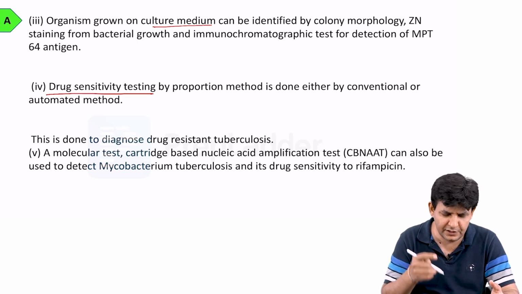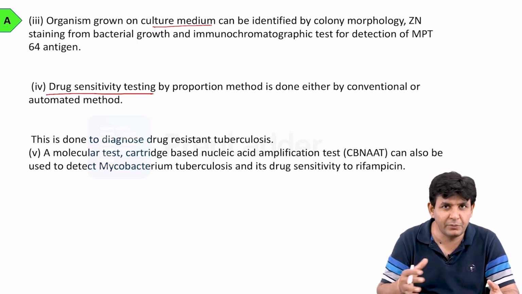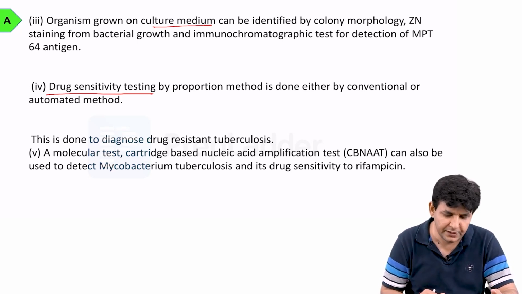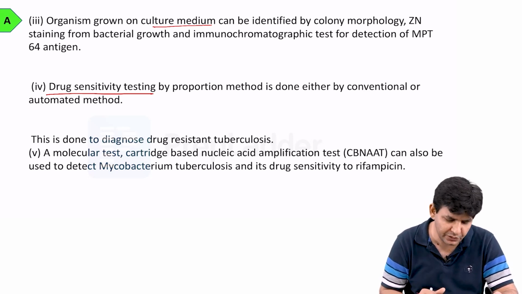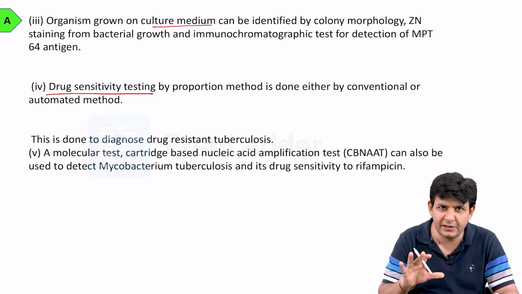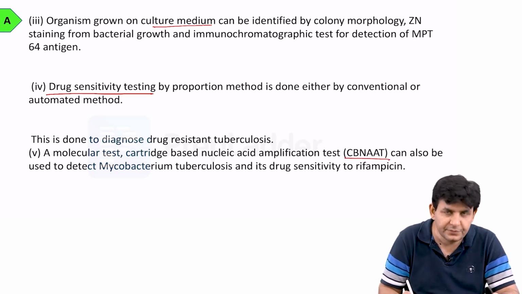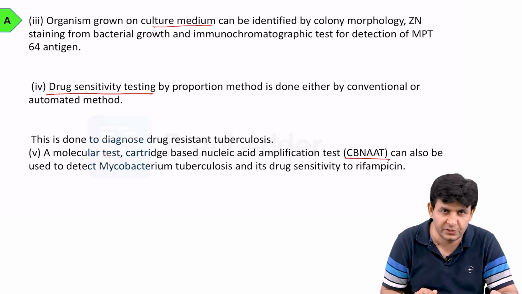Nowadays it is more towards PCR or line probe assays to find out drug sensitivity, though traditional ways like the proportion method and absolute concentration method are still used at some centers. But nowadays they focus more on molecular methods. CBNAAT also comes by the name of what? GeneXpert, in which rifampicin resistance can also be found out.